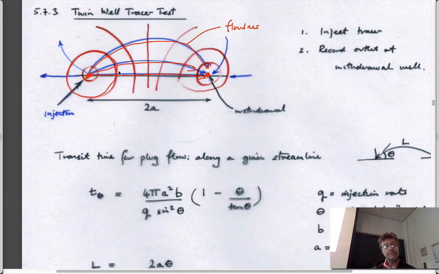And what we know is that if the value of the head here is equal to 10, 7, 6, 5, 4, 3, and the value of the head here is equal to 3 meters, so it has units, then the potential at each of these other intermediate locations would be 9, 8, 7, 6, 5, 4, and 3. And so the drop in head between each of these locations is the same.